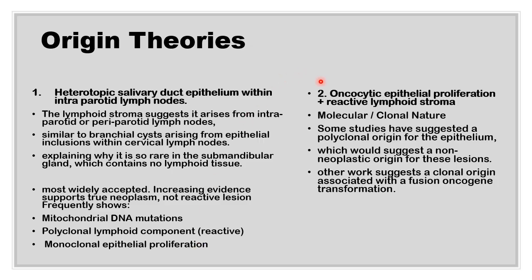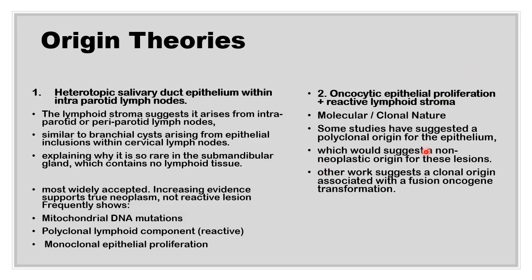The other theory is that oncocytic epithelium proliferates and is associated with a reactive lymphoid tissue. So you have two lines of cells, the oncocytes and the lymphoid stroma. This is based on some studies that suggested a polyclonal origin for the epithelium rather than a monoclonal origin.